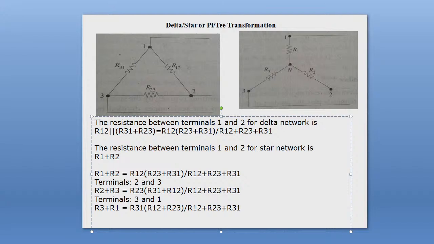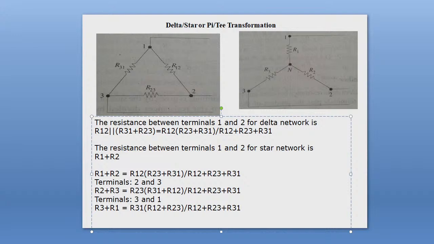Now you simplify these equations and tell me the expression of R1, R2, R3 in terms of R12, R23, R31. That means you express the resistances of the star network in terms of resistances of the delta network.